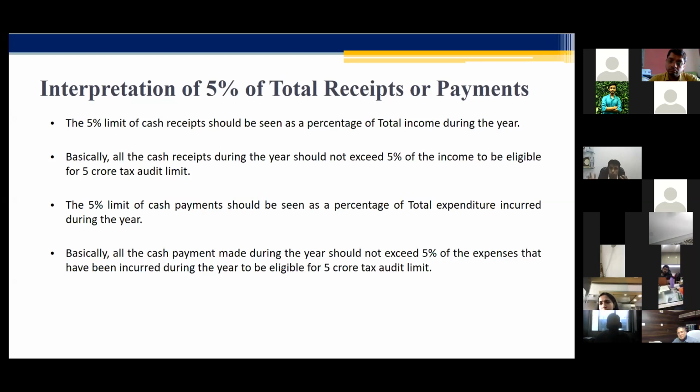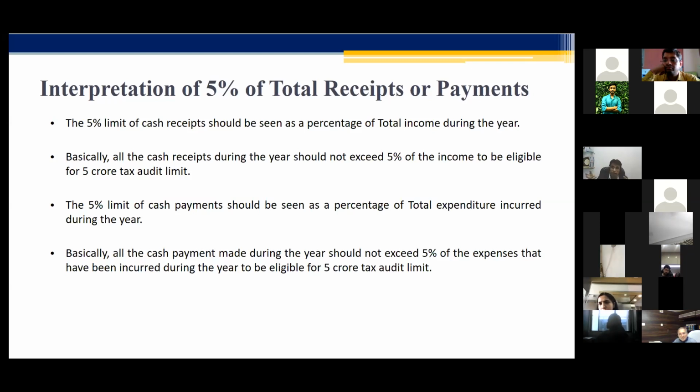If I go to interpret that, then my receipts may become such a big denominator. Sometimes, instead of 5 crores turnover, I may have receipts of transactions of 10 crores or 20 crores. And my 1 crore of cash sales would not be falling outside the 5% limit, and I still will be eligible to be out of the audit. So according to me, that cannot be the objective.